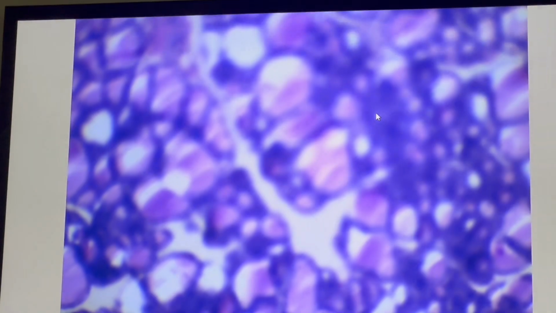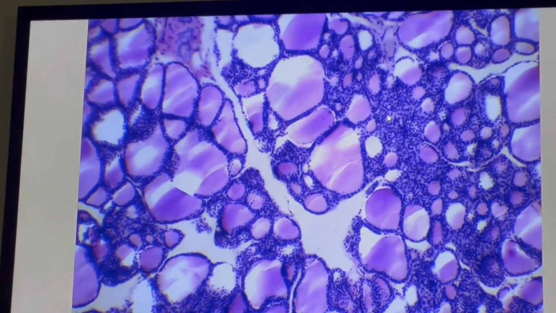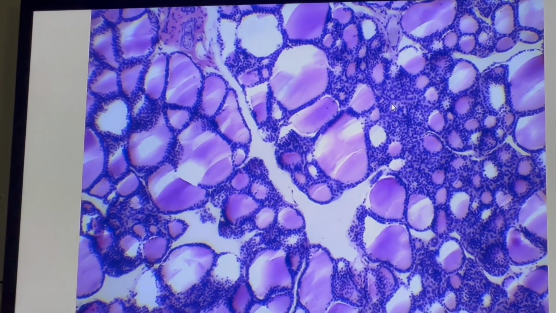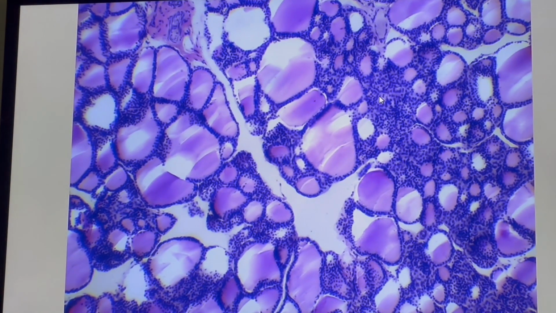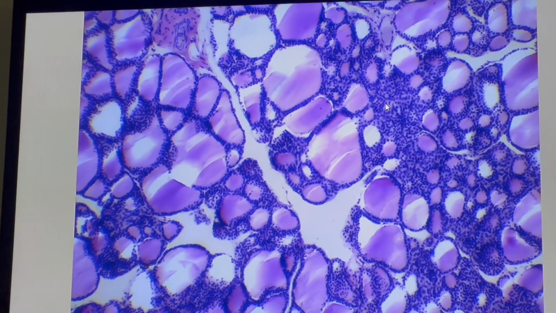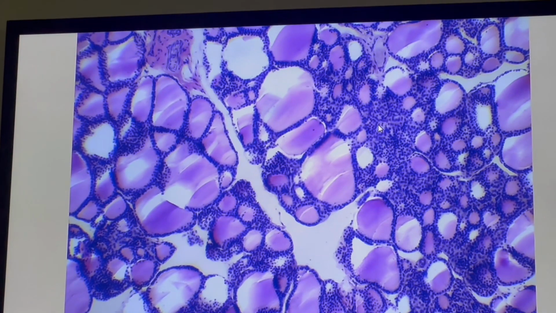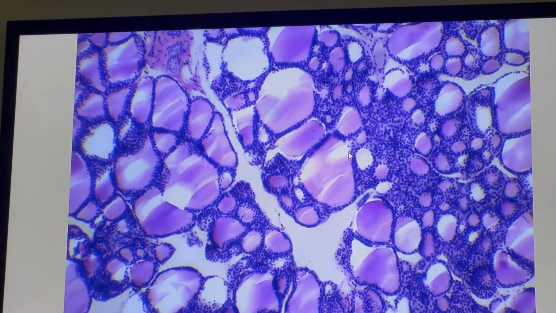Last slide. A section in the thyroid gland. Which type of gland? Exocrine or endocrine? Endocrine gland.